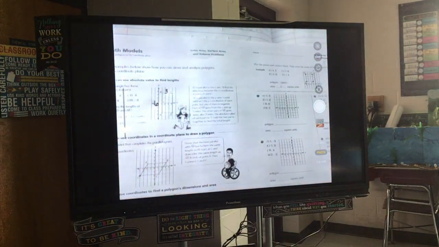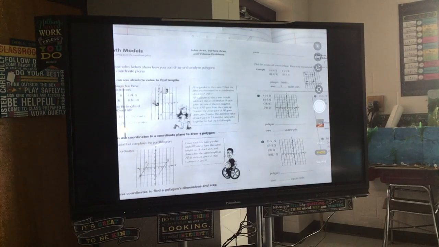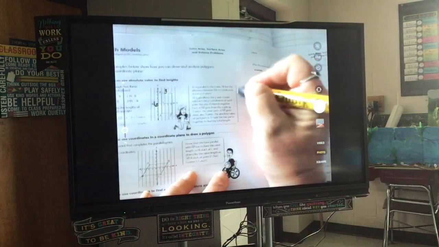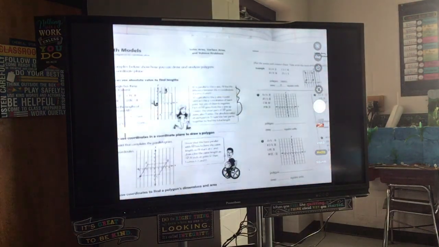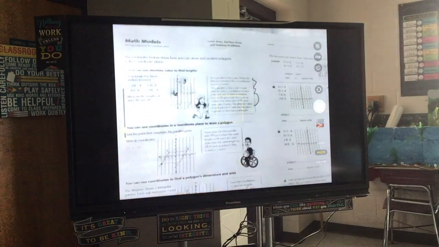I'll find the difference between the x-coordinates of points A and D. AB is parallel to the y-axis. I could subtract the y-coordinates of each point, but one of them is negative. That's where you have to figure out the whole absolute value part. So these are just notes on how this person would have found the value of each side. And then obviously once we know what our values are, how do we find the area of that shape?